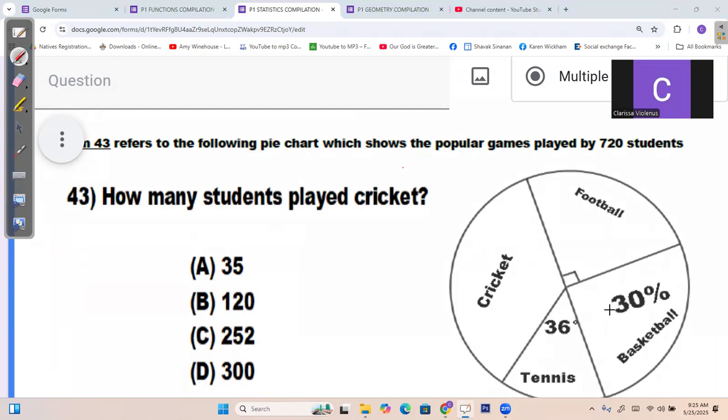So I would go with changing all them to percent and finding the percent. It comes down to the same thing. So let me see how this works.